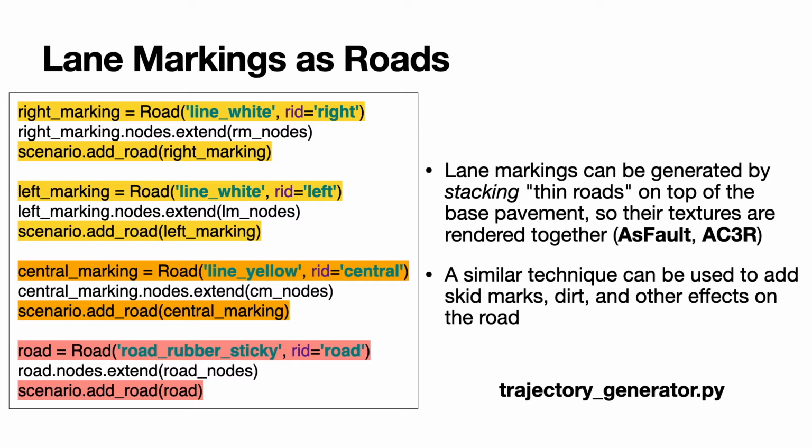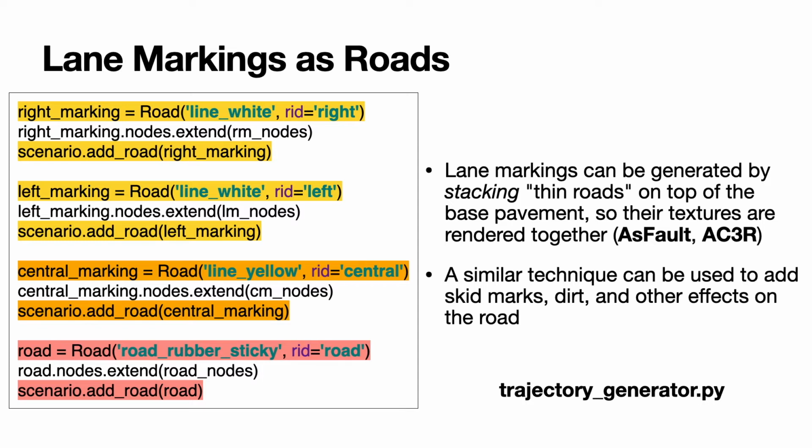We can also have a double yellow or a yellow as a central separator of the lanes using the same technique. So here it's not shown, but we can also set an attribute that says that those roads are not really drivable by the cars. They are just supposed to be there to change the visual features of the road.